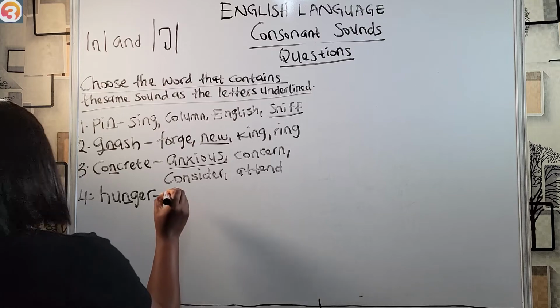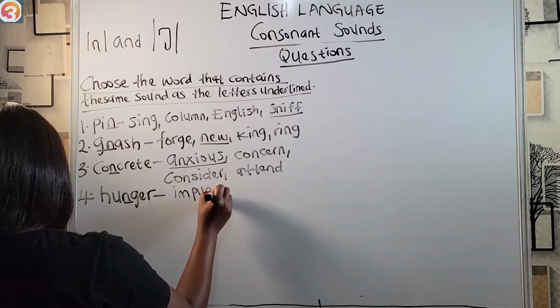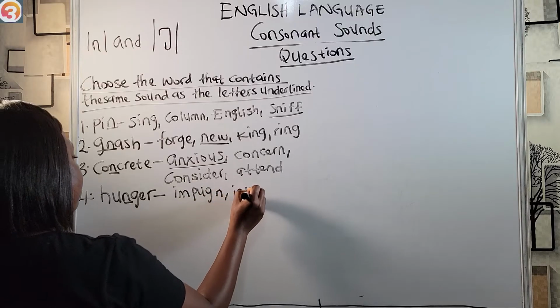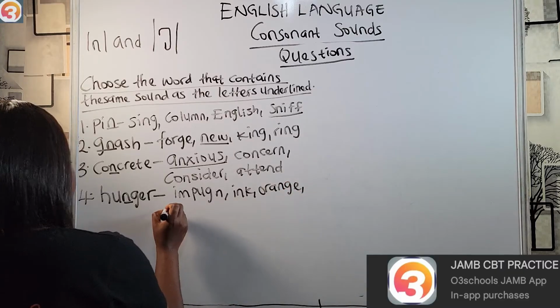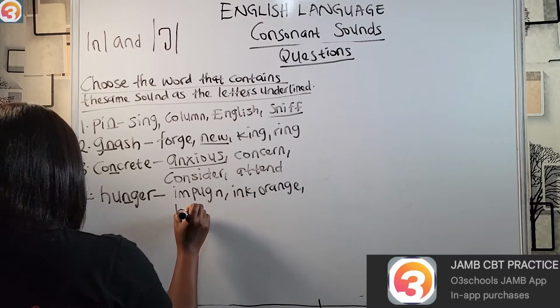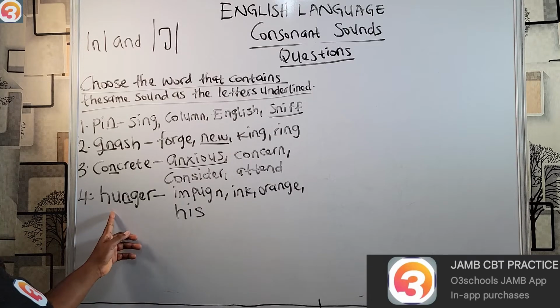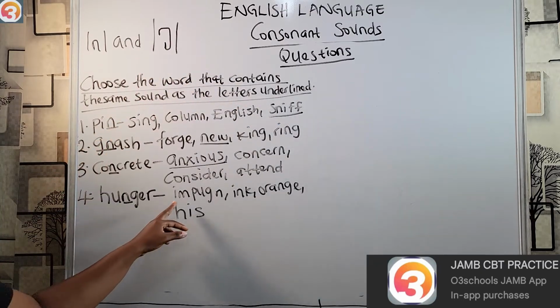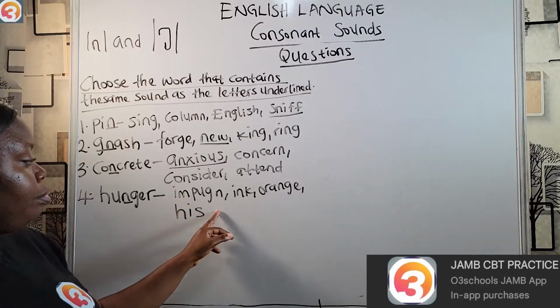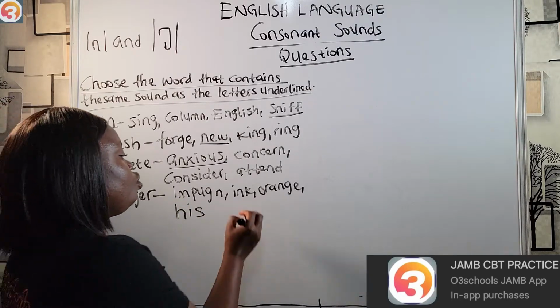And our options are, so these are our options. Hanger. You know we are looking for the ng sound here. Here we have impugn, not present. Ink, orange, his. Answer here becomes ink.